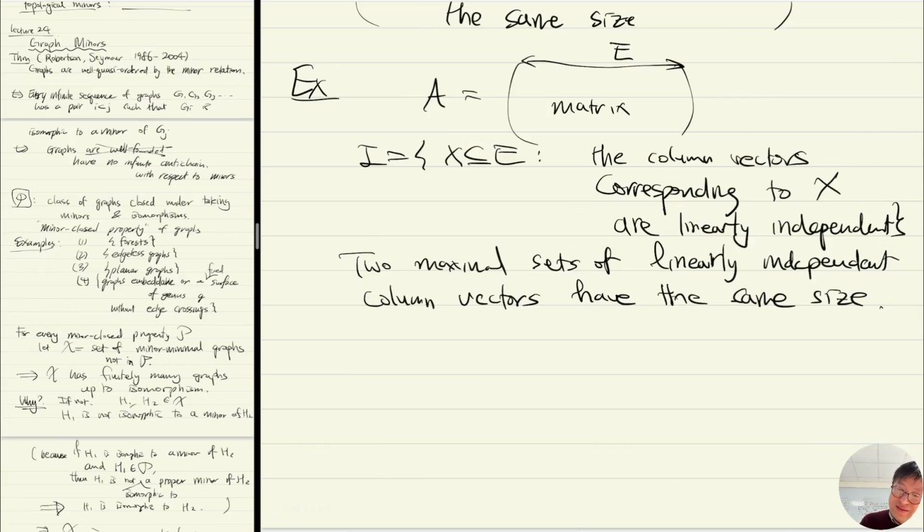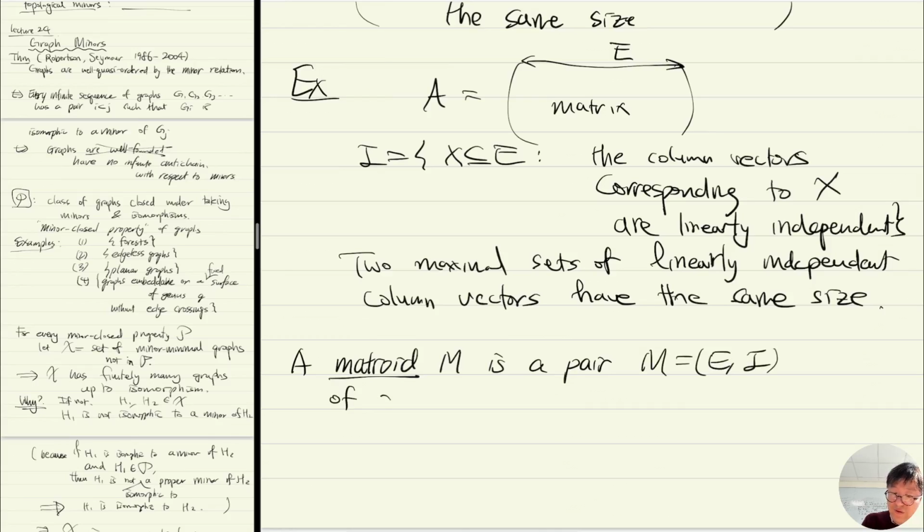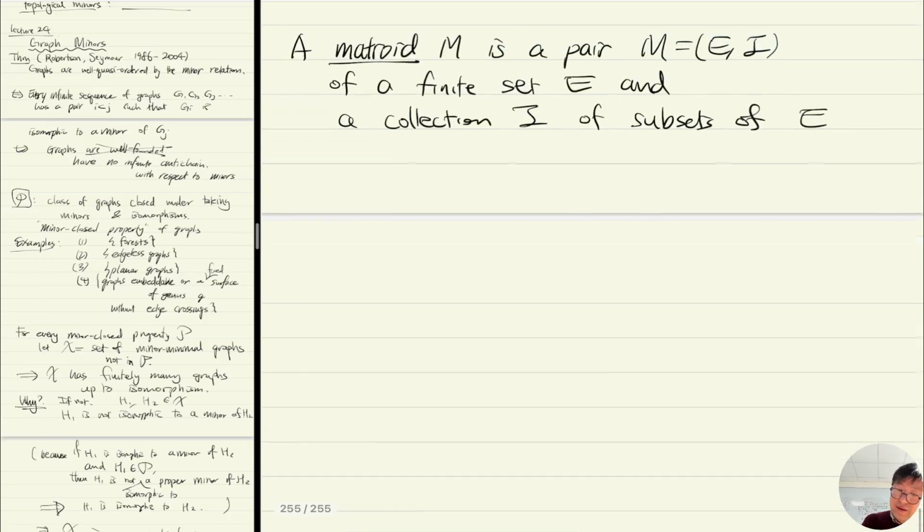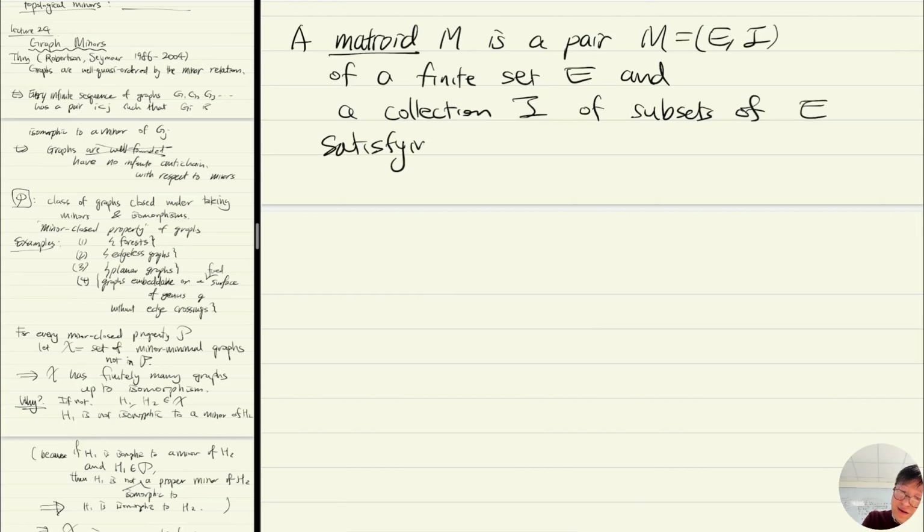So let me define what a matroid is. A matroid M is a pair (E, I) of a finite set E and a collection I of subsets of E satisfying the following three axioms.